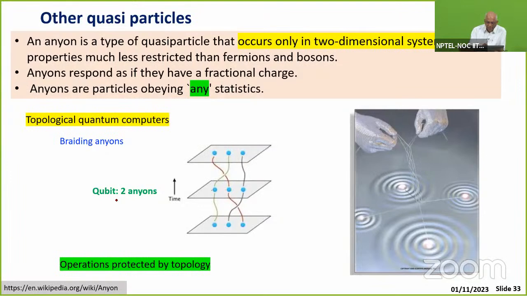And then you can make two anyons form a qubit. These are very exotic structures, and these anyons can have Abelian or non-Abelian statistics. For quantum computing, these are all emerging ideas. Again, I have given this Wikipedia article reference, just take a look at that. But it occurs only in two-dimensional systems.